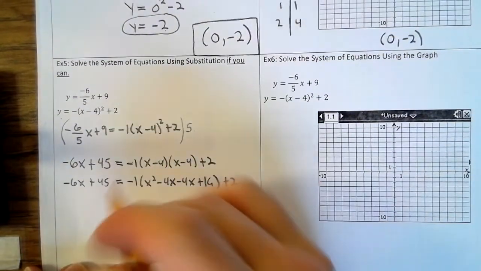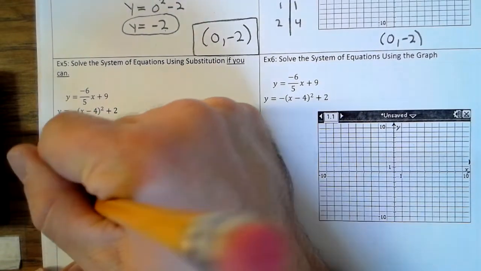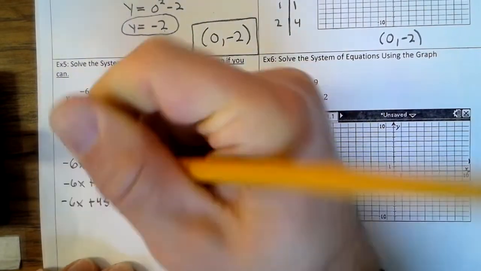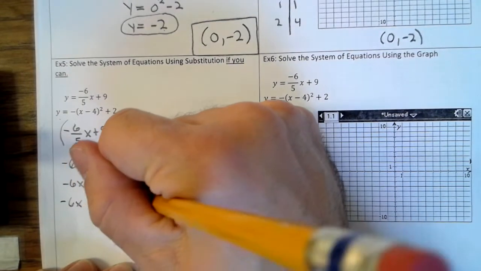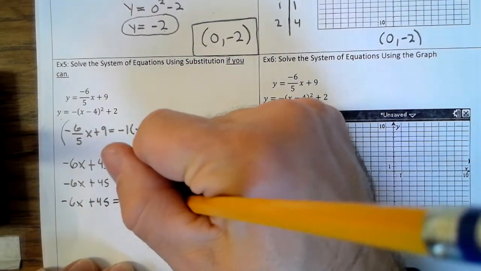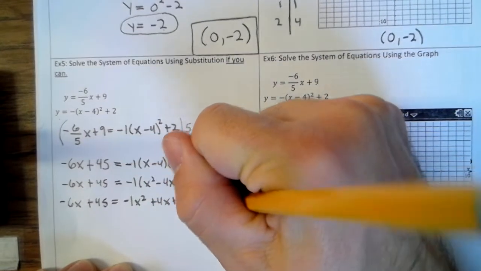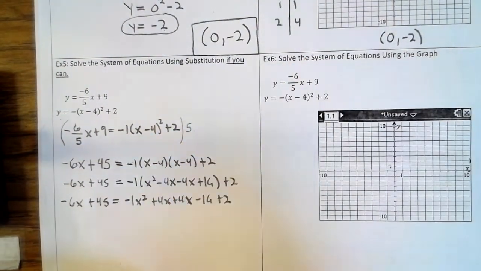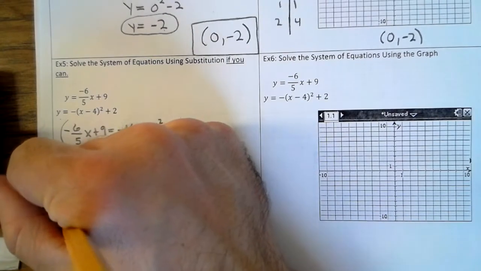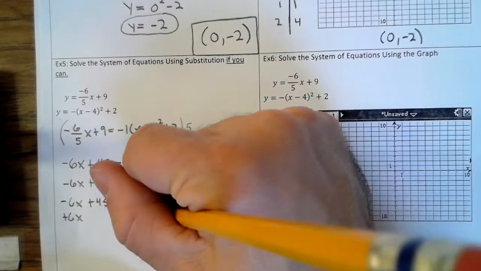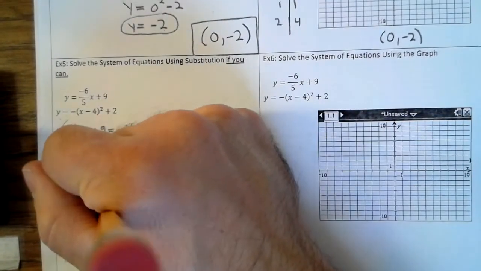Now we need to multiply by -1, so -6x + 45 = -1x^2 + 4x + 4x - 16 + 2. Let's move everything over.